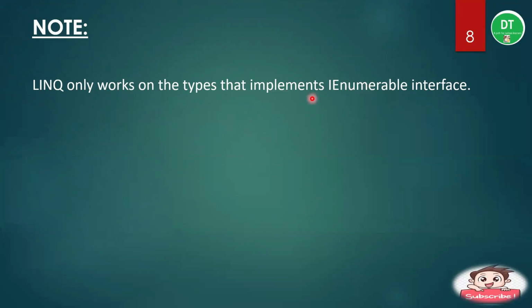Implements means we inherit list from this IEnumerable interface. So from that particular list, we can perform the query operation. If we are having a data type that doesn't implement the IEnumerable interface, or which has not been created by inheriting it from IEnumerable, then in that particular type we cannot query the data.